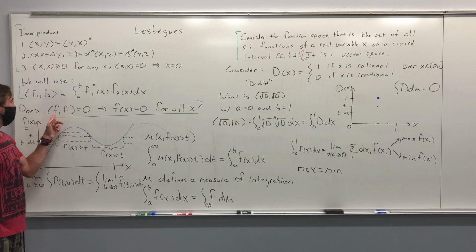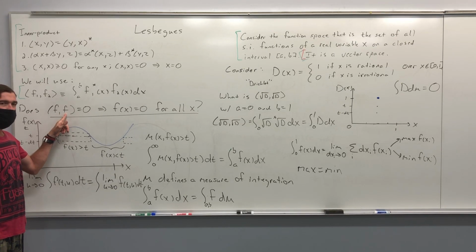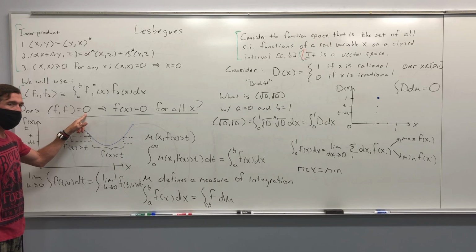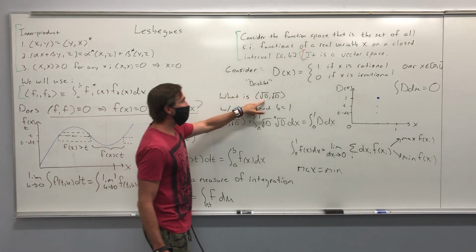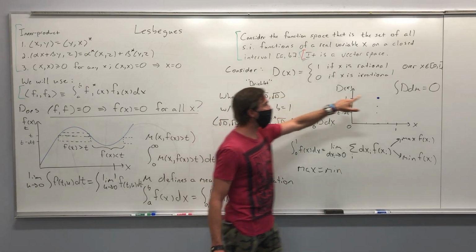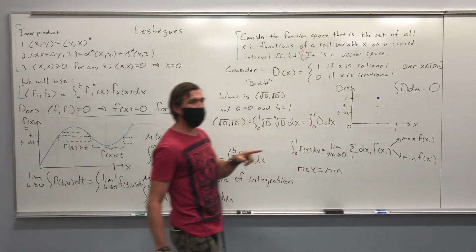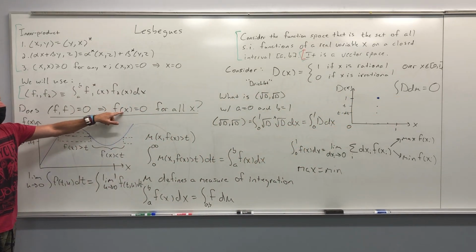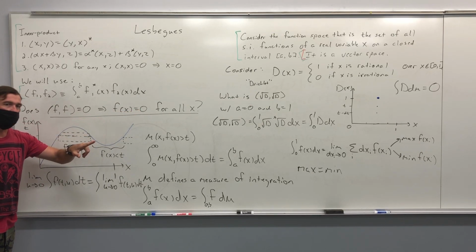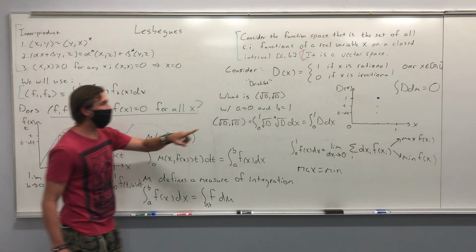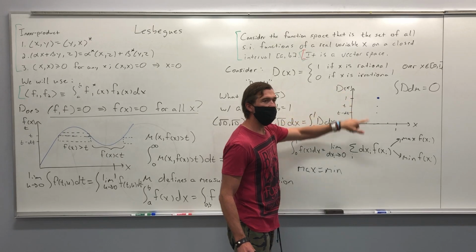It said if the inner product of f with itself is 0, which the square root of d has an inner product with itself, which is 0, then f of x equals 0, but d of x doesn't equal 0 everywhere.